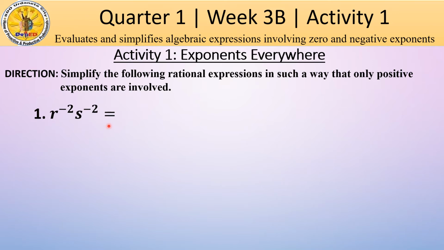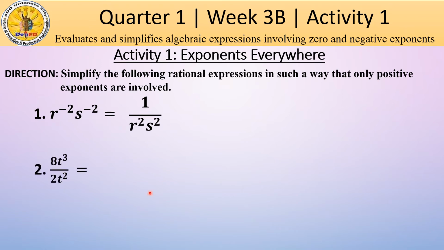A while ago, you have learned that if you have a negative exponent, what are you going to do? Okay, very good. So we have 1 over r raised to positive 2 exponent and s positive 2 also.